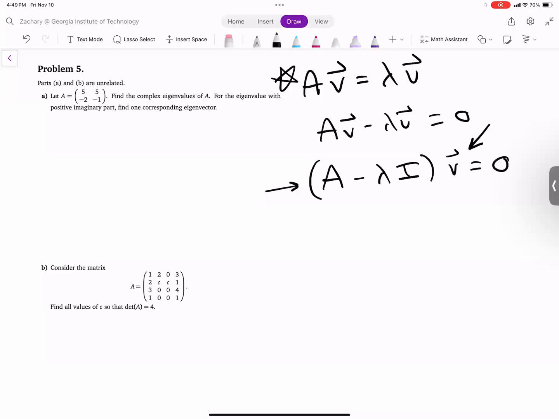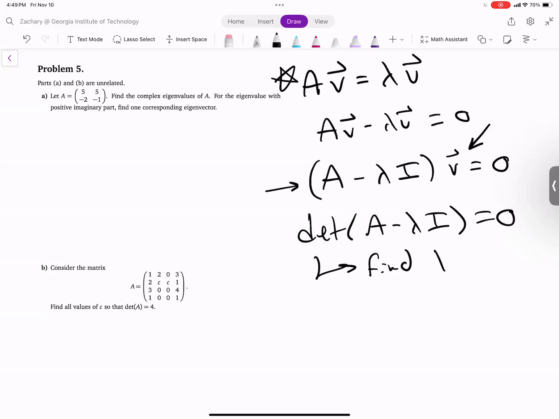0, right? So what we're going to do first is look for lambdas to make sure that this system can be solved. And we do that by solving for the lambdas in the determinant of A minus lambda I equal to 0, because we want to make sure this is able to be solved. This is the general way to always find lambdas. Always, always, always.